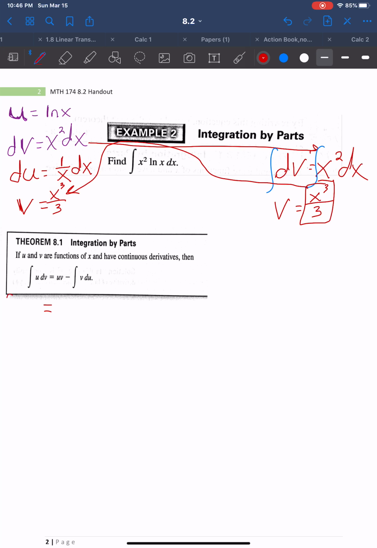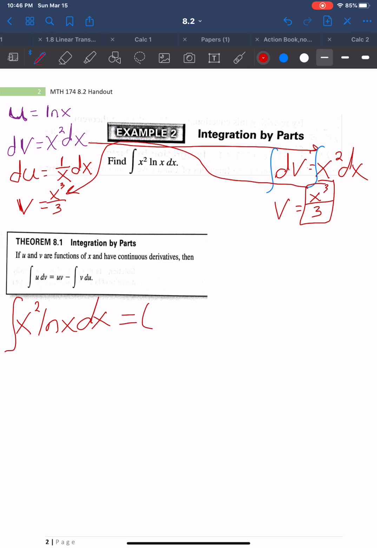So if you want to integrate x squared ln x, that was the original question after all, with respect to x, then maybe it's easier to use this parts technique.